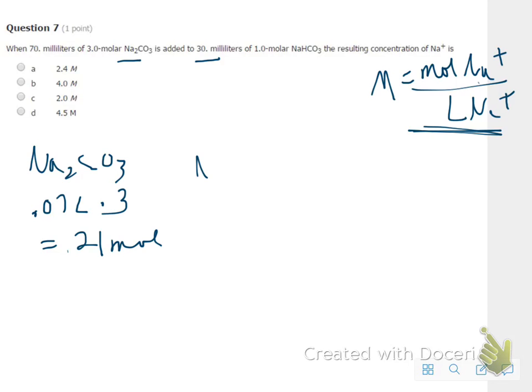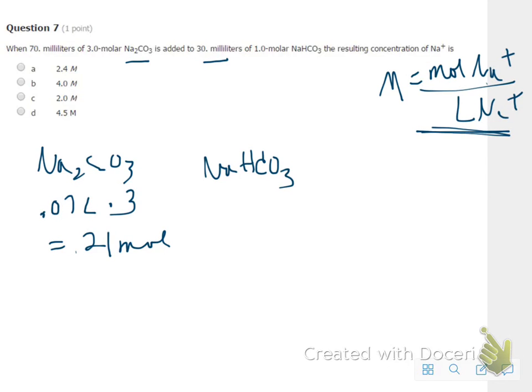And for sodium bicarbonate, or sodium hydrogen carbonate, I'm going to have 30 milliliters, which is 0.03 liters times 1 molar. That's going to be 0.03 moles. If I add them together, I get 0.24 moles.